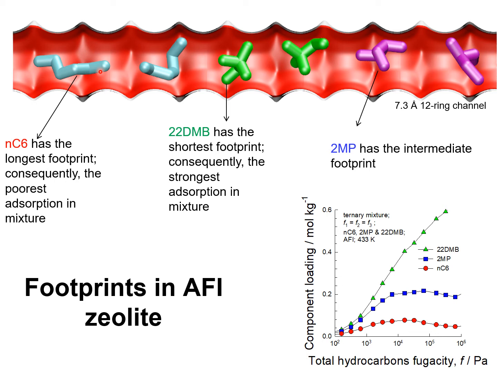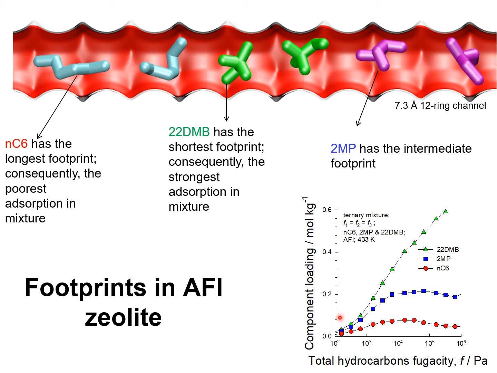Normal hexane has the longest footprint. The di-branched 2,2-DMB has the shortest footprint, and 2-methyl pentane has a footprint that is intermediate in length.